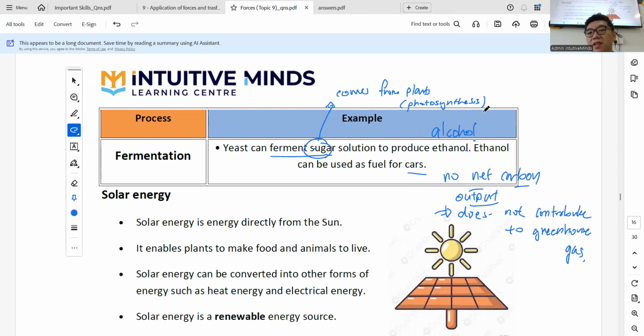Now, photosynthesis involves absorbing carbon, which is a good thing, right? You absorb carbon, there's less carbon dioxide in the air. Absorbing carbon dioxide.